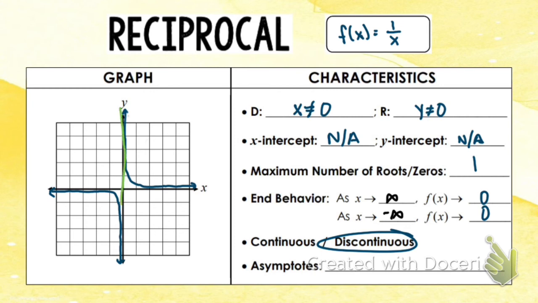There's this line and this line, which happen to be the axes in this case. But those are the lines that this function will never touch. And so this function has asymptotes at x equals 0 and at y equals 0. Those are the two values that will never be used in this function.